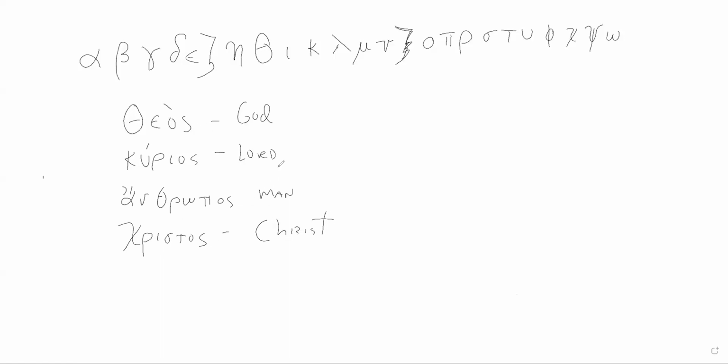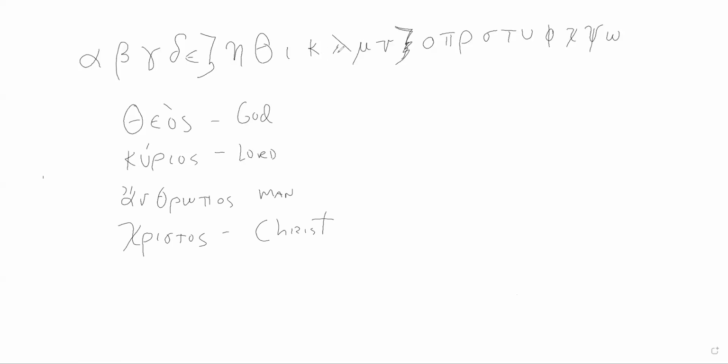So let's see, of the letters we have the alpha. We don't have the beta in any of these words. We don't have the gamma. We don't have the delta yet, but we have the epsilon. We have the theta, the iota, the kappa.